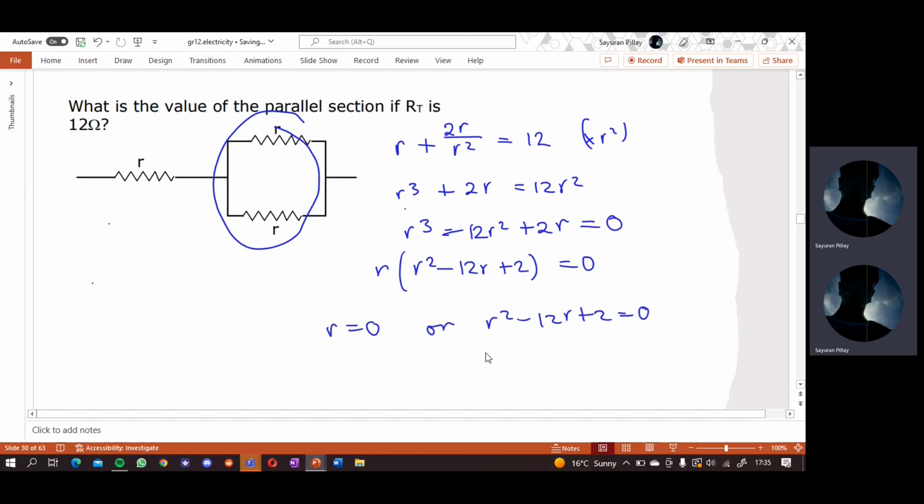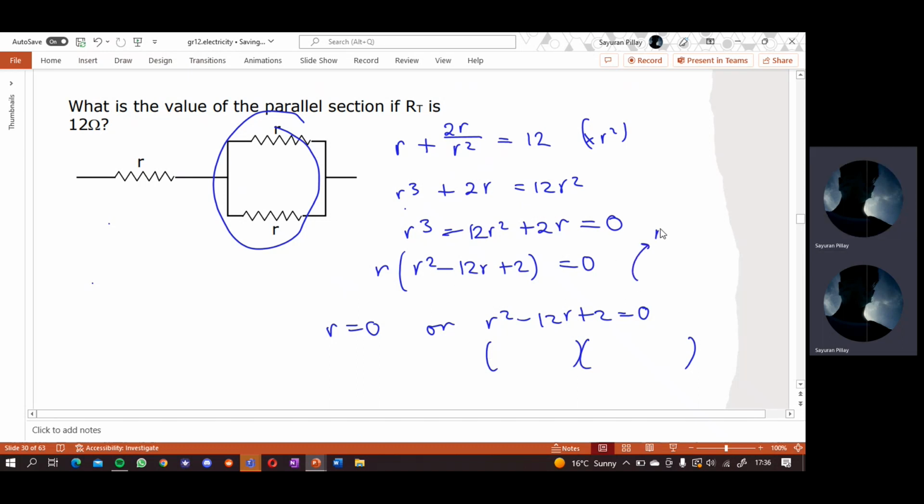Let's see if we can factorize this, or if we need a calculator. No, you do need a calculator for this, I think. You can use even the quadratic formula, that is allowed, the b squared minus 4ac, all that whole thing. So it's minus 12 plus 2, and I get a very funny answer of 11.83.